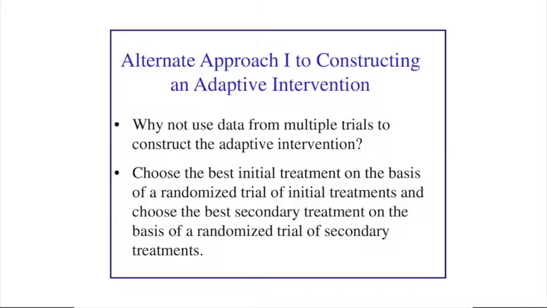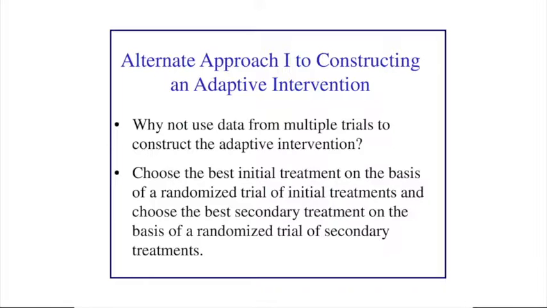We've done a lot of that. So maybe I can piece all this together and produce an adaptive intervention. These next couple of slides explain why this might not be the best approach.